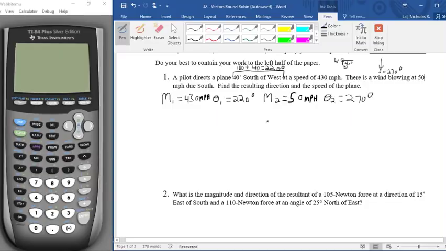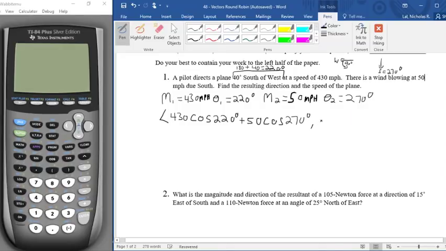Alright, so I have our M1, our theta 1, our M2, our theta 2. So now we need to find the horizontal and vertical components. Our horizontal component is going to be 430 times the cosine of 220 degrees plus 50 times the cosine of 270 degrees.